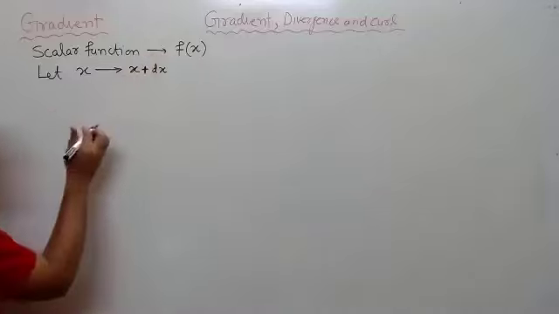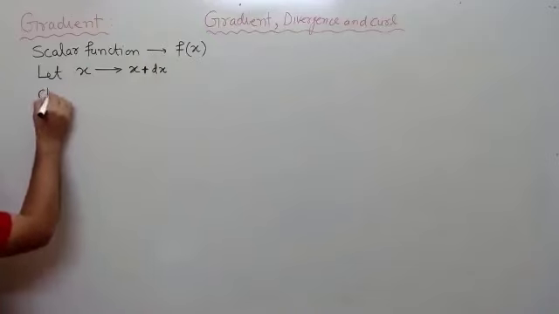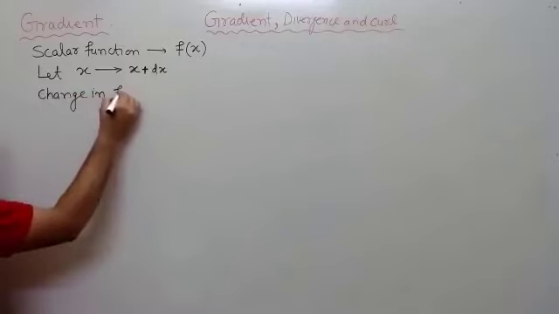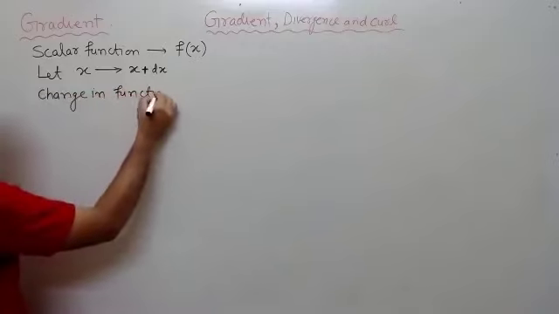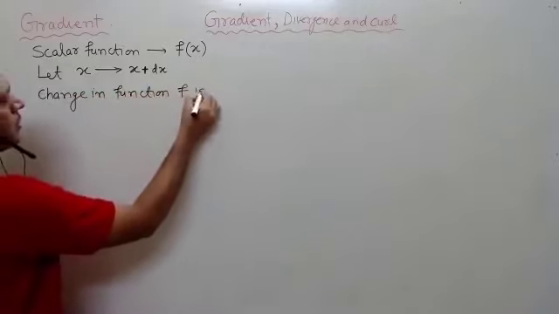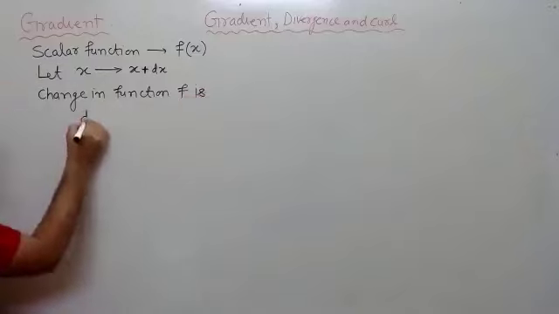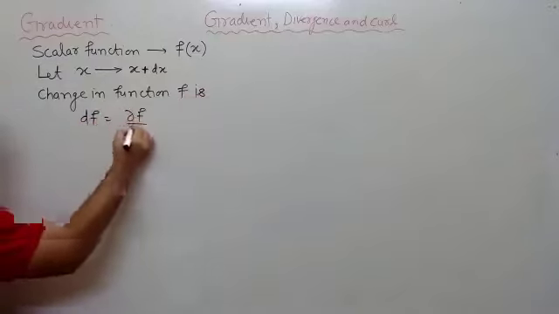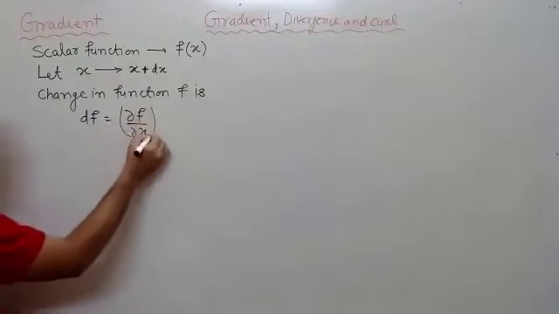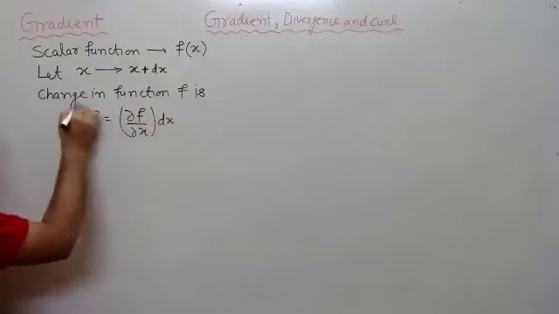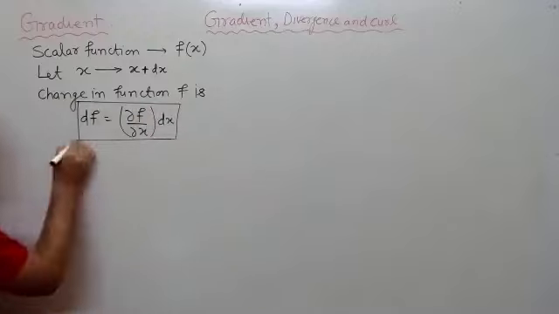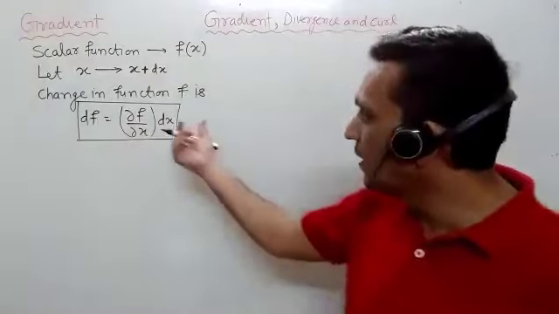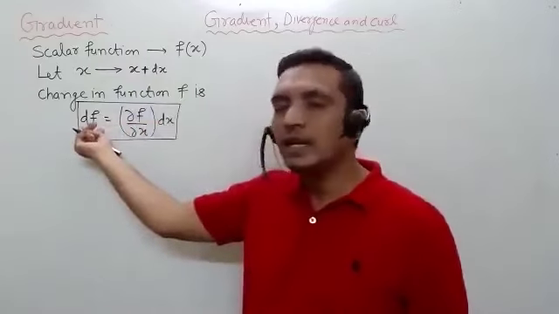So what will be the change in the function? The change in function f is df, and that is given by this relation. If x changes by dx, the change in function f is df.